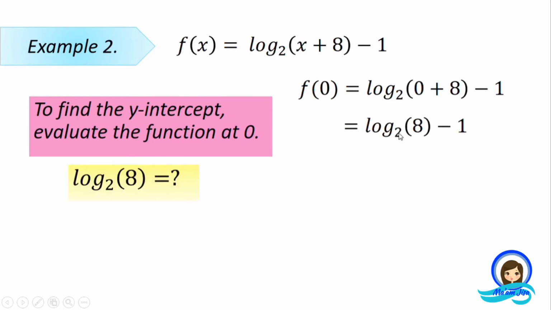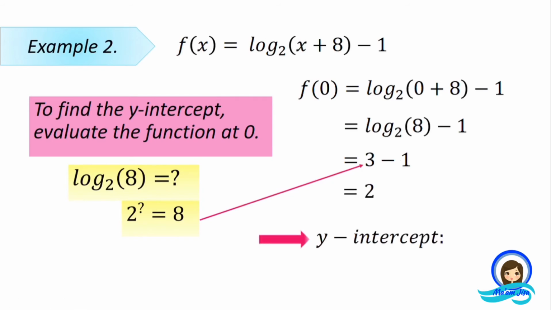When we transform this expression into its equivalent form, we are actually looking for the value for which, when the base is 2, it will result in 8. So what number would that be? Well, of course, it's 3. That is why we have here 3. And then we proceed with minus 1. Therefore, the y-intercept is 2.